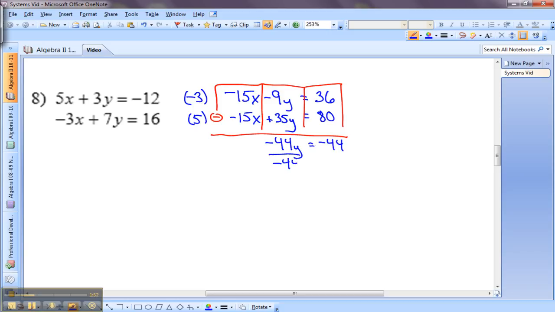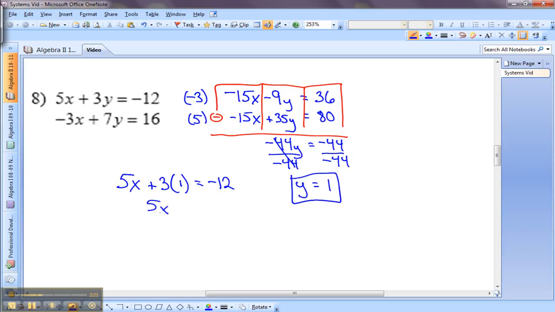So we can divide each side by negative 44. And that tells us that our y value is equal to 1. To find the corresponding x value, as in the previous problems, we will substitute this y value in. I will use the first equation, 5x plus 3 times 1 equals negative 12.